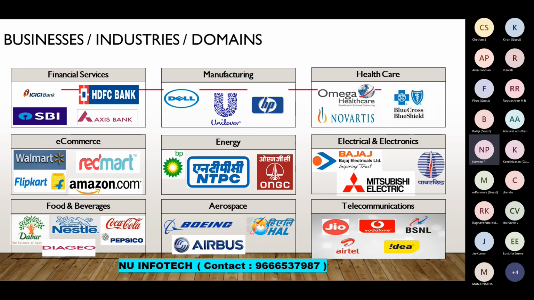For example, if ICICI wanted to know across the globe if there is any reason in which their applications are not stable or not working properly. For example, a lot of failed transactions are coming. Particularly, what is the reason why failed transactions are coming? Is there any bug in their application that they want to fix? How do they get to know?